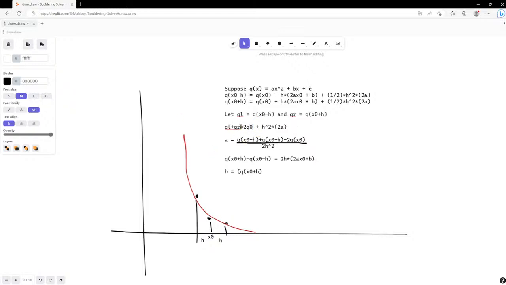Equals that. Okay. Then here we have QL plus QR minus 2Q naught over 2h squared.